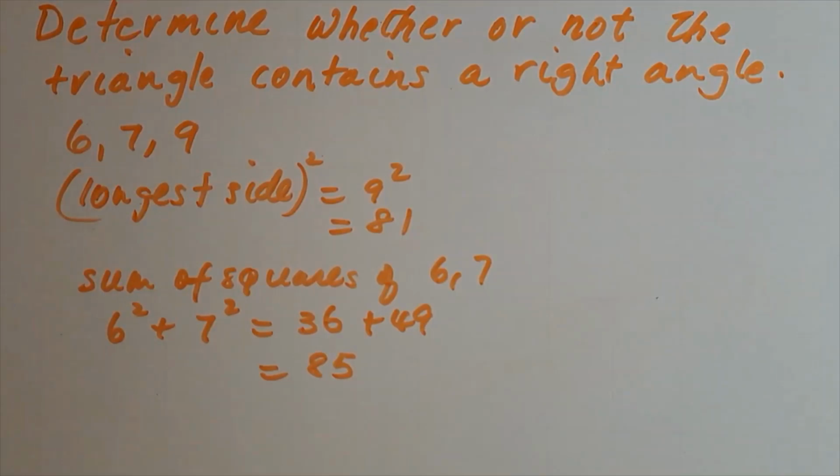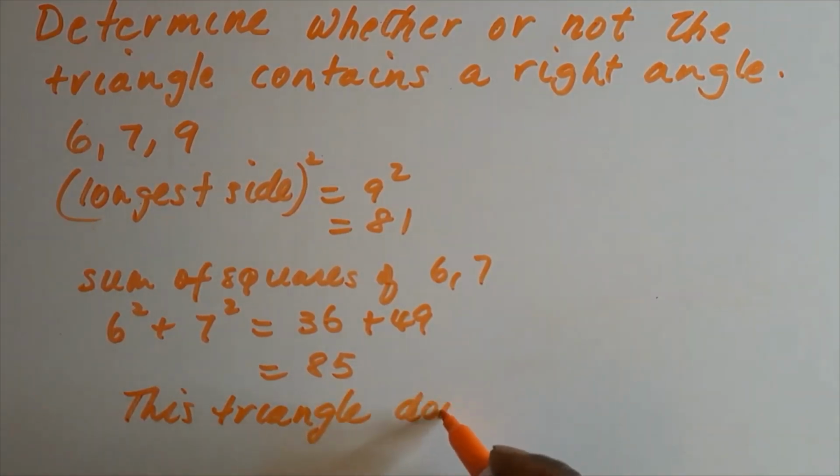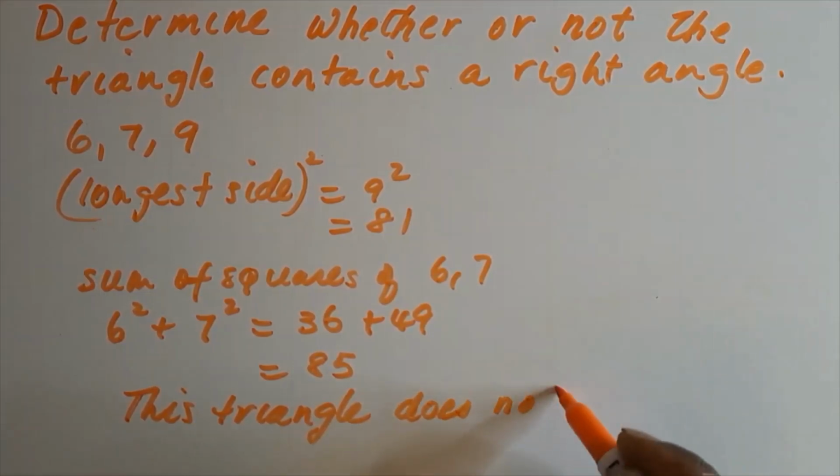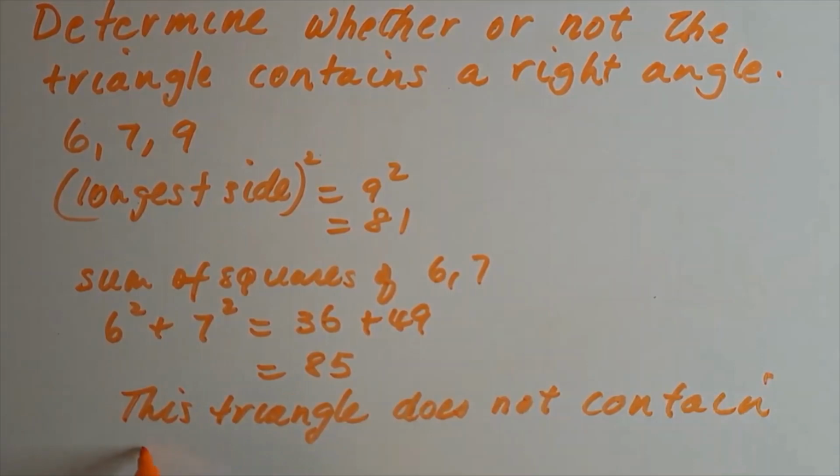But since the square of the longest side, 81, is not equal to the sum of the squares of the other sides, 85, then this triangle does not contain a right angle.